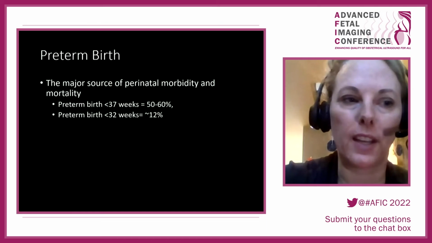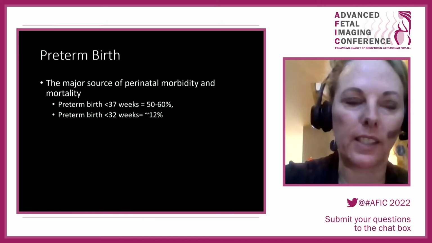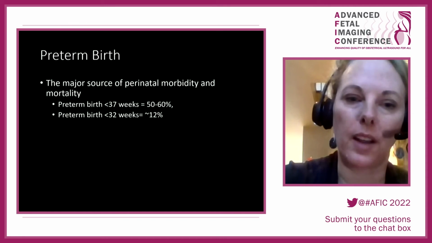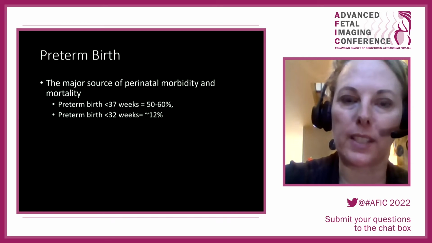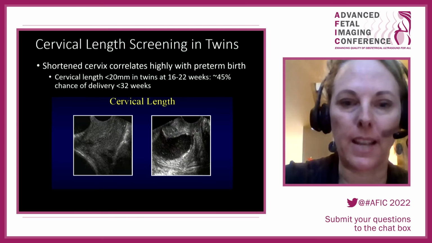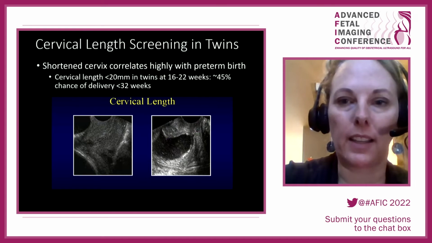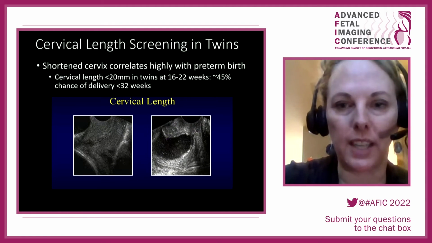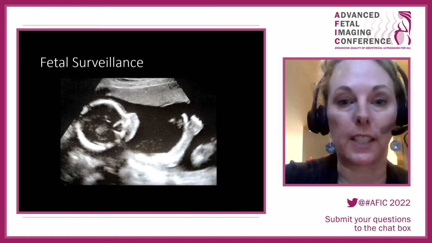Under 32 weeks is where we really see the higher risk of newborn premature birth complications, and that happens up to 12% with twins. So cervical length, which my lovely colleague Lisa is going to discuss with you, same criteria, same method for measuring cervical length, and if the cervix is short, she needs to be referred, and depending on the management, could be a cerclage or progesterone or surveillance.